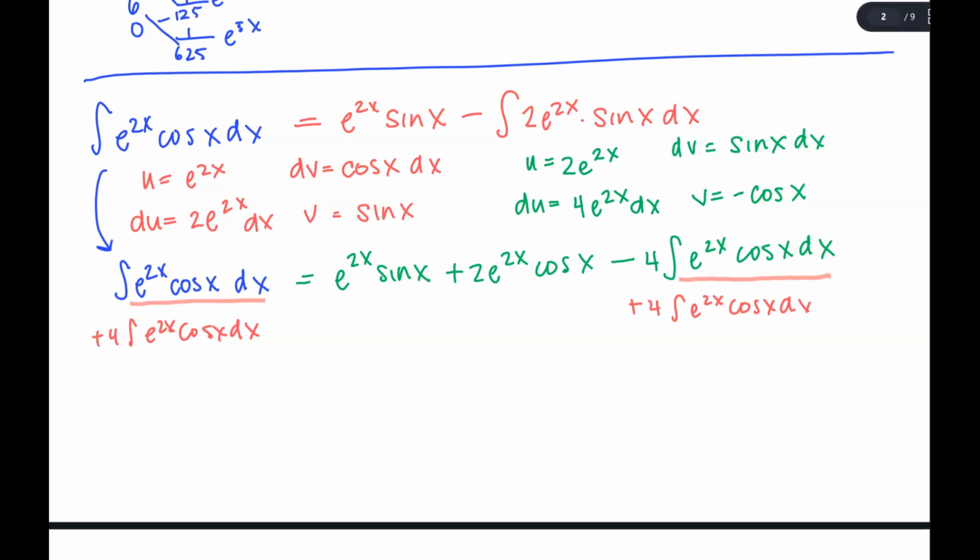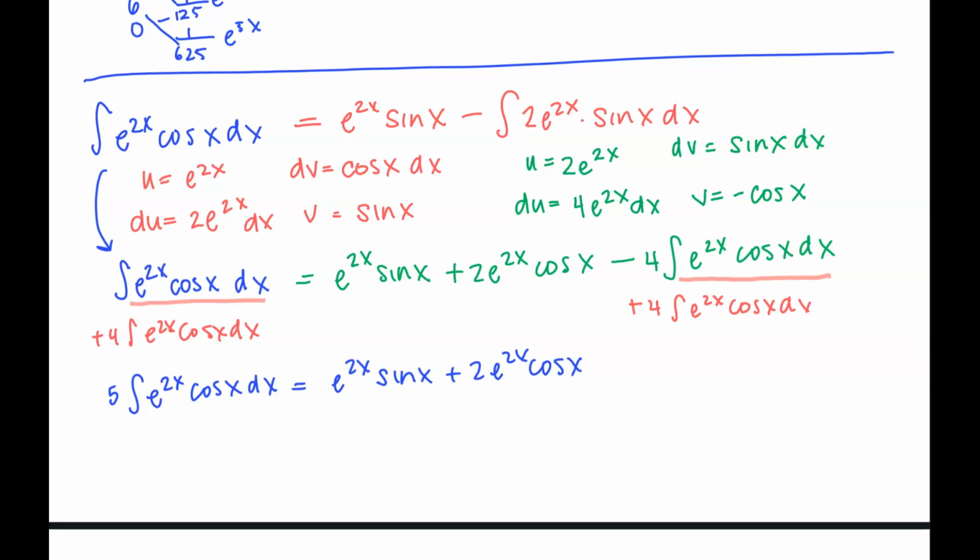And a lot of books and folks out there online use I to rewrite this because, I don't know, it's funsies. So we have 5 of my e to the 2x cosine of x dx is equal to e to the 2x sine of x plus 2 e to the 2x cosine of x.